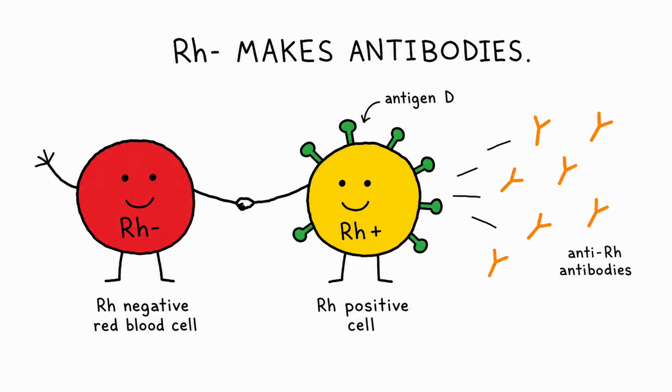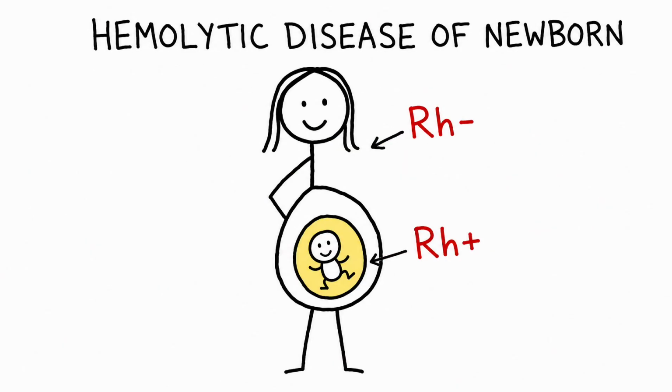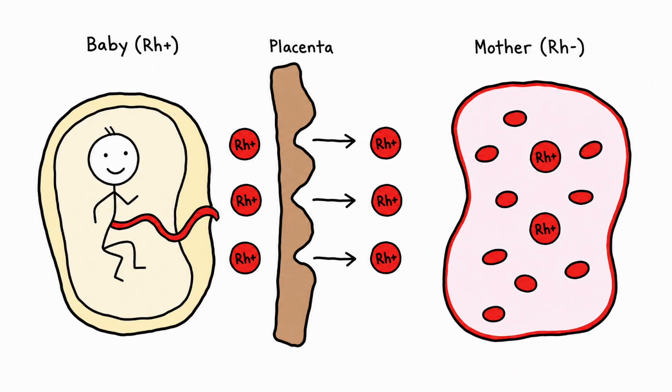Okay. And so the seriousness of the Rh blood group is evident in a fetus that develops the condition known as hemolytic disease of the newborn. In this image, you can see that the mom is Rh negative with a fetus that is Rh positive. During childbirth, the cells from the Rh positive fetus may enter the mother's bloodstream.